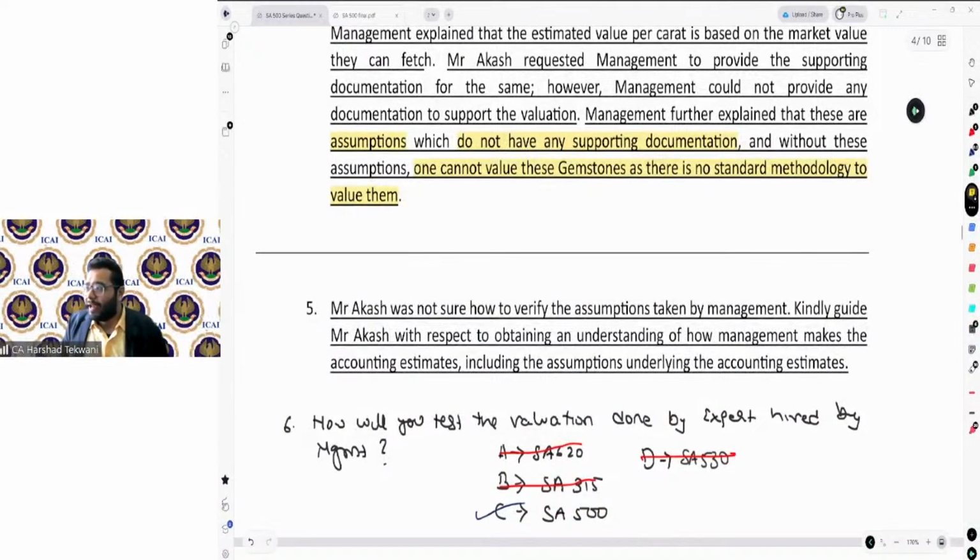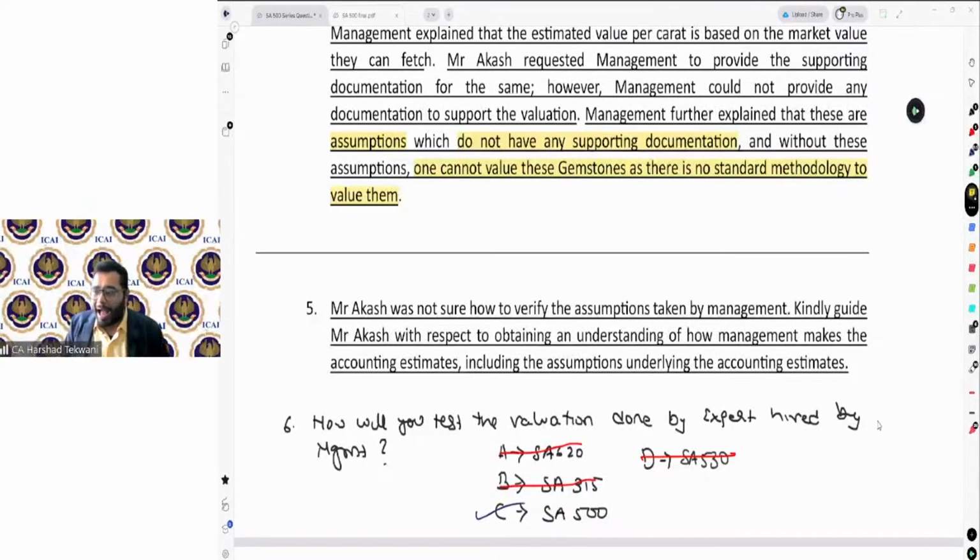And SA 500 specifically says that when any information to be used as audit evidence has been prepared using the work of a management's expert, the auditor shall perform the following procedures for the purpose of using that evidence and information.